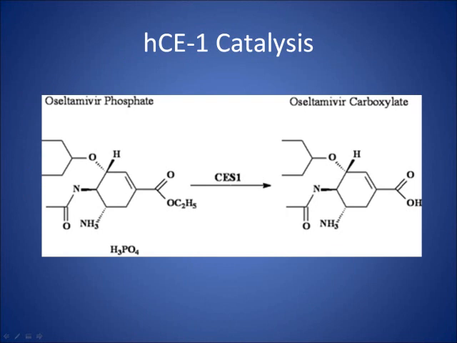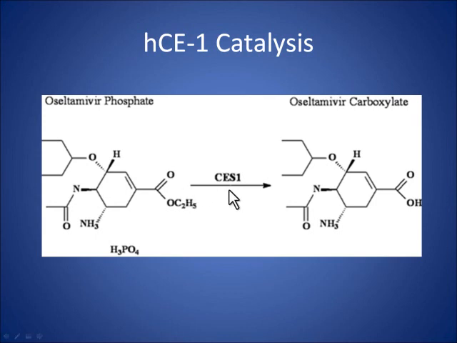The human carboxyl esterase 1 enzyme reacts with substrates that yield a small alcohol leaving group. An example of this is shown here with oseltamivir, which is an antiviral drug. Like many other prodrugs, it has an alcohol group attached via an ester bond to make the molecule hydrophobic so as to increase the intestinal absorption.